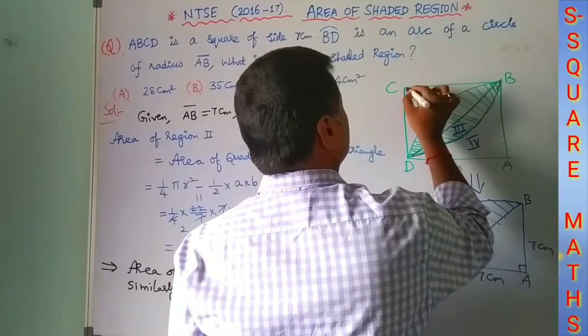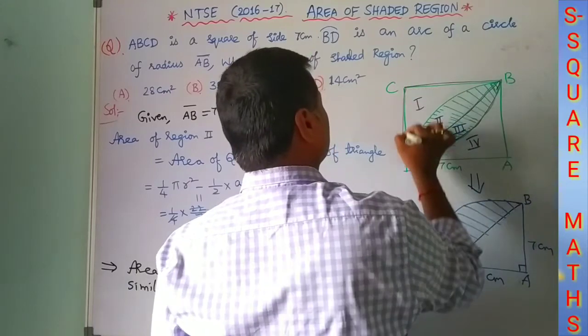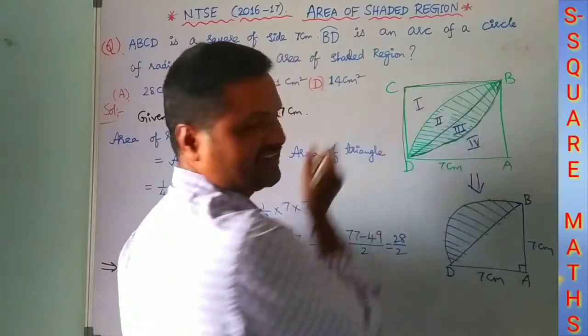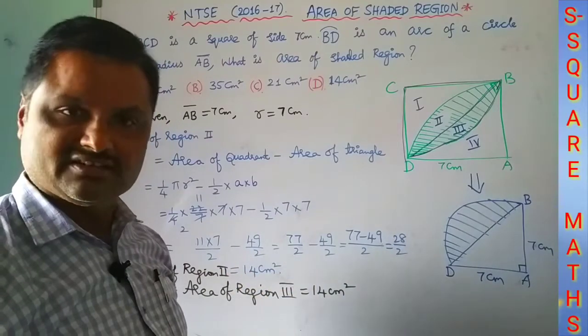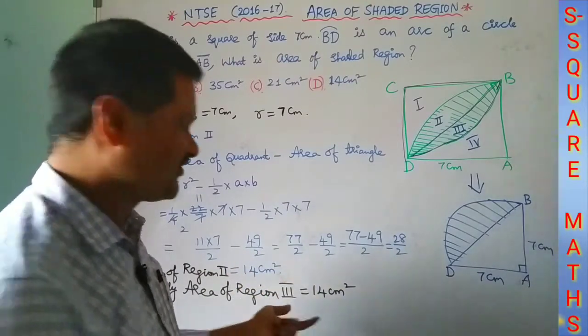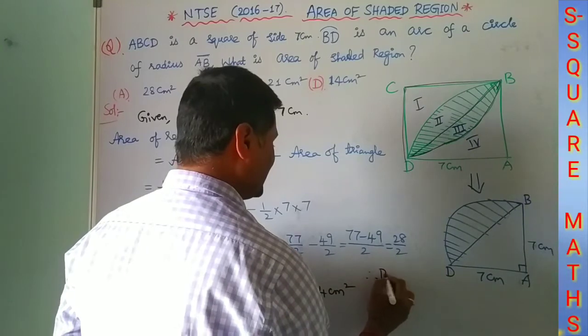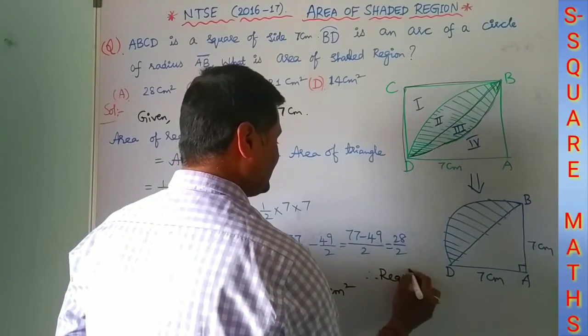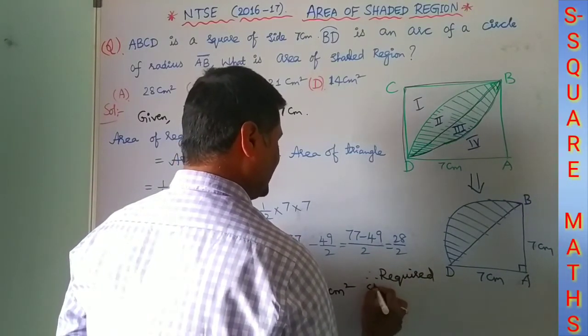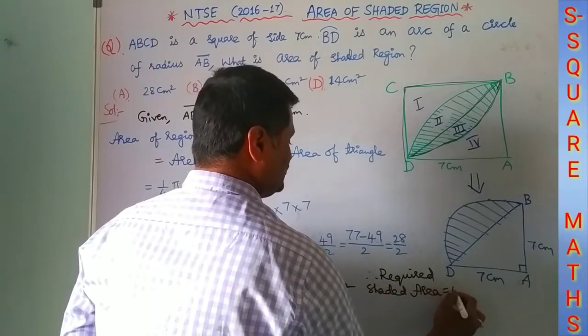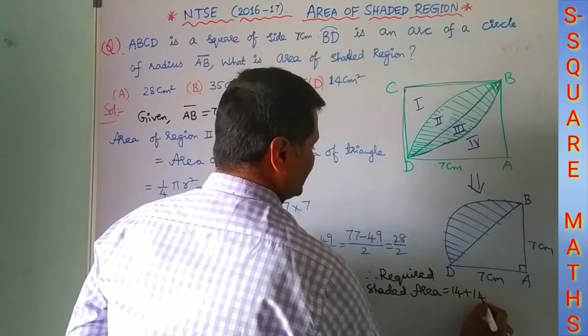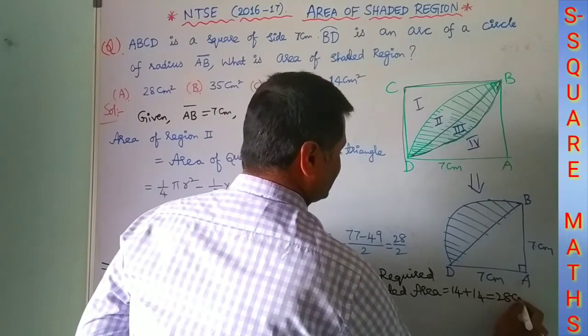In the same way, whatever we have done here in the upward direction, region 2 is 14 centimeter square and region 3 is 14 centimeter square, no need to do it specifically. Therefore the required shaded area is nothing but 14 plus 14, nothing but 28 centimeter square.